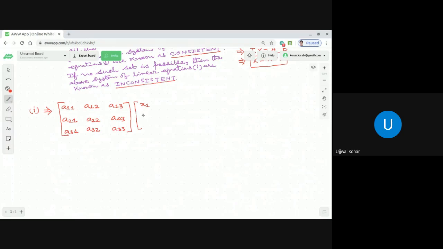Then we write the variable matrix x1, x2, x3, and that is equal to the constant matrix b1, b2, b3.